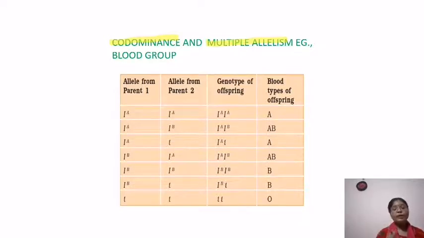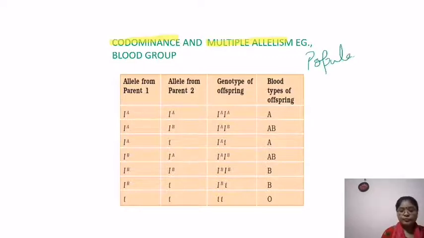But remember one thing, multiple allelism can be seen in a population, but not in an individual. In an individual, you can see only two types of alleles.